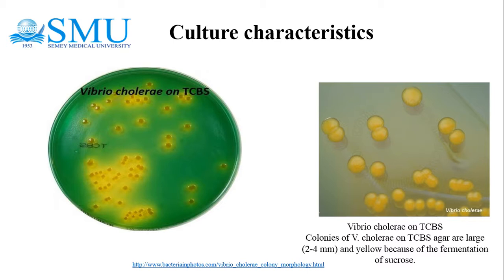It is widely used at present. Vibrio cholerae and other sucrose-fermenting Vibrios produce large, 3 to 5 millimeter, yellow-colored colonies.